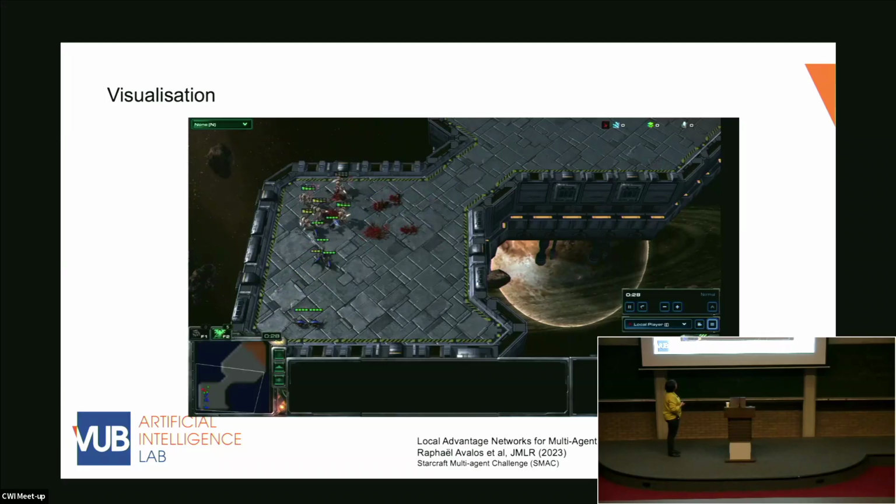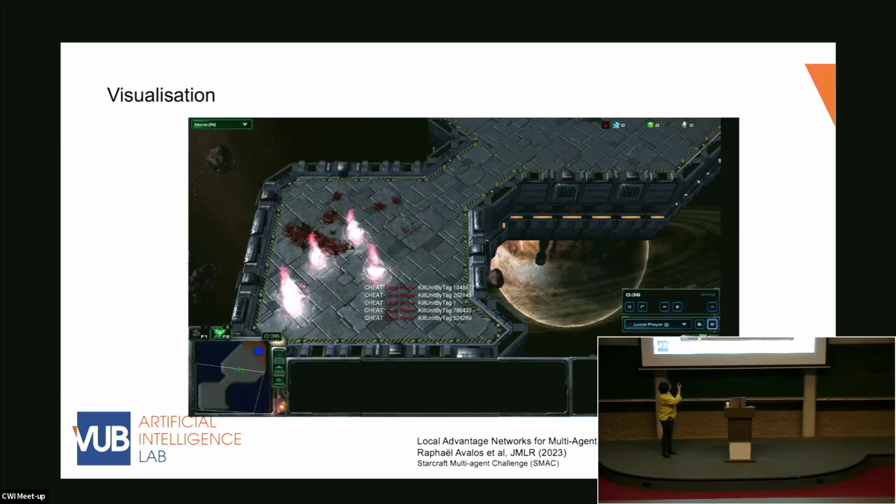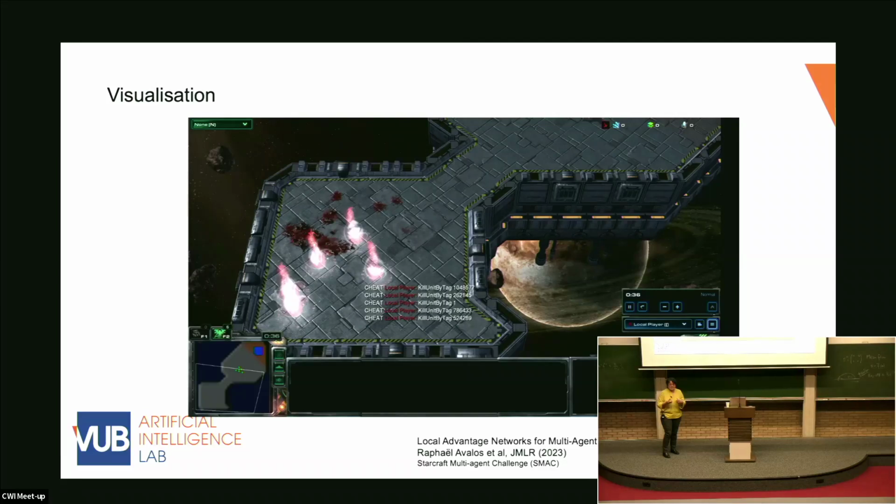And at the end, they will have killed all the blue enemies and are able to cross this corridor. So that's where they reach their goal. I think this is not something we can explain today just by looking at executions of the policy without this visualization. And the visualization here really helps to understand what is going on.